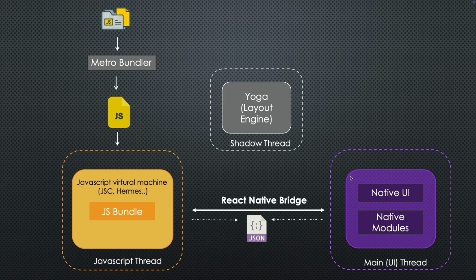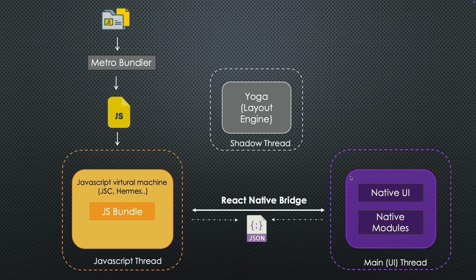The main UI thread handles everything the user sees and touches. This is the same thread a fully native app would use for rendering the UI. The JavaScript thread runs the app's business logic. And for the shadow thread, since native doesn't really understand CSS, it has to run layout calculations using an engine called Yoga.